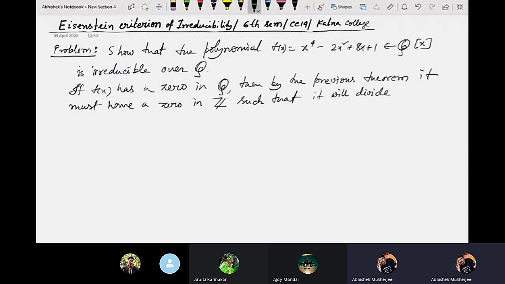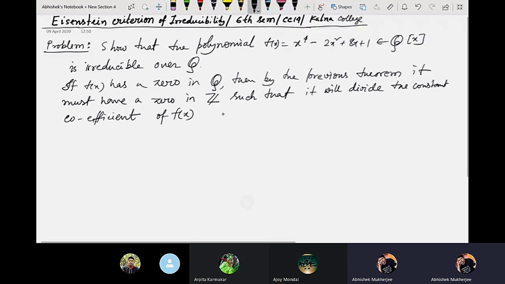It will divide the constant coefficient of f(x), which is 1.